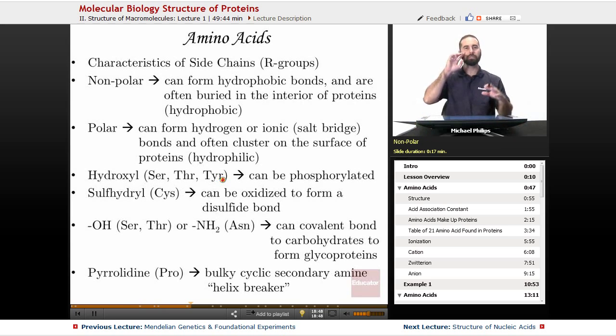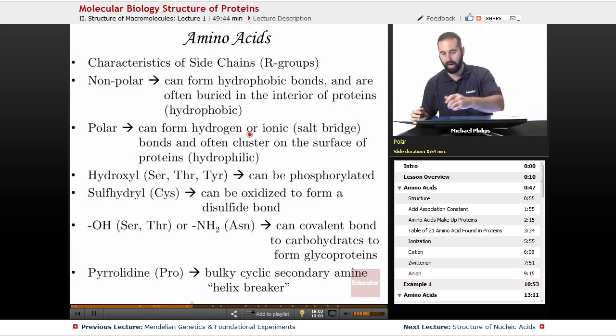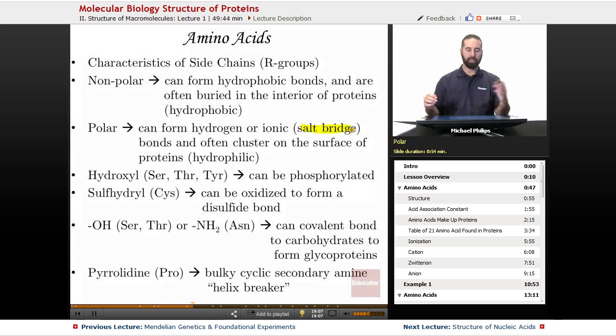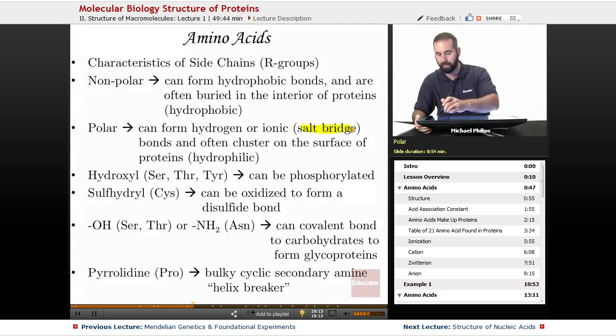And these residues are often going to be buried in the interior of the proteins because they're hydrophobic. Now, in contrast, our polar groups can form hydrogen bonds or ionic bonds, which are called salt bridges, okay? So they can form ionic or hydrogen bonds, and they often cluster on the surface of a protein, because these are hydrophilic.